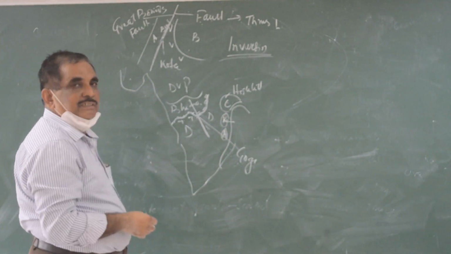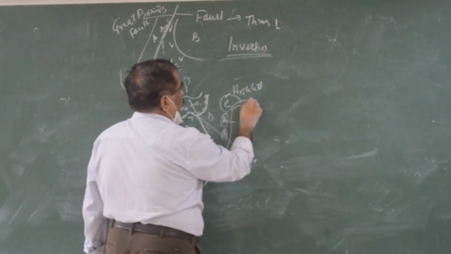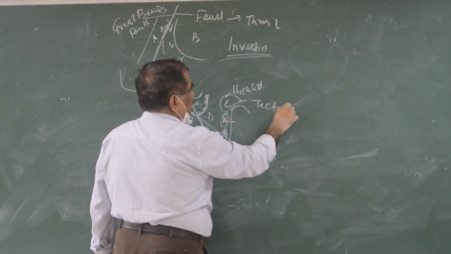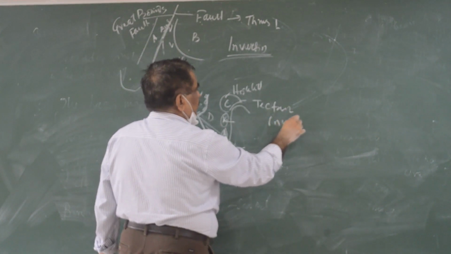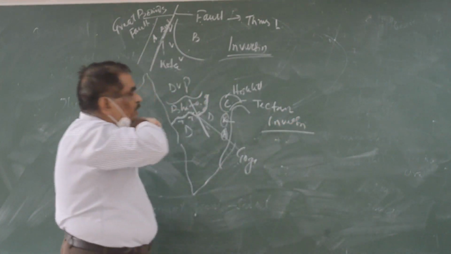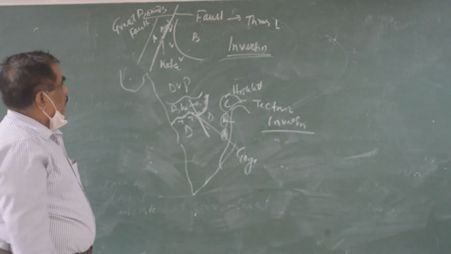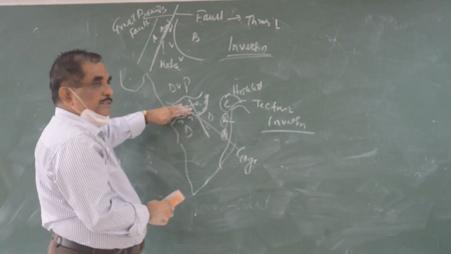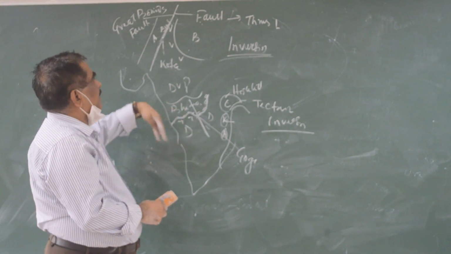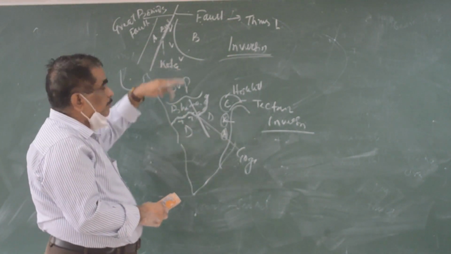Now how is this? Here also there is tectonic inversion. So all these basins, from the basin stage, have gone to the hill stage because of this basin inversion.